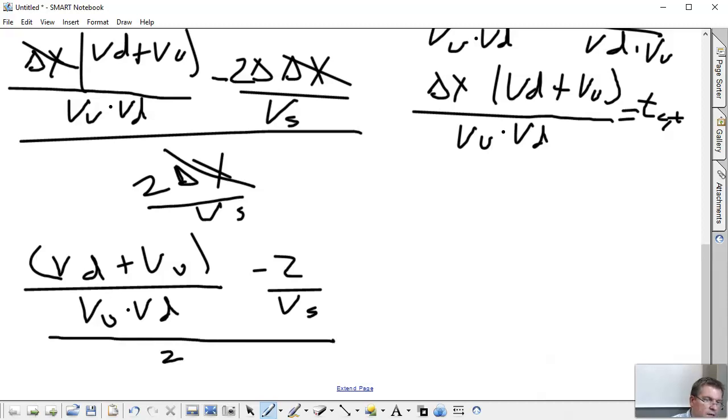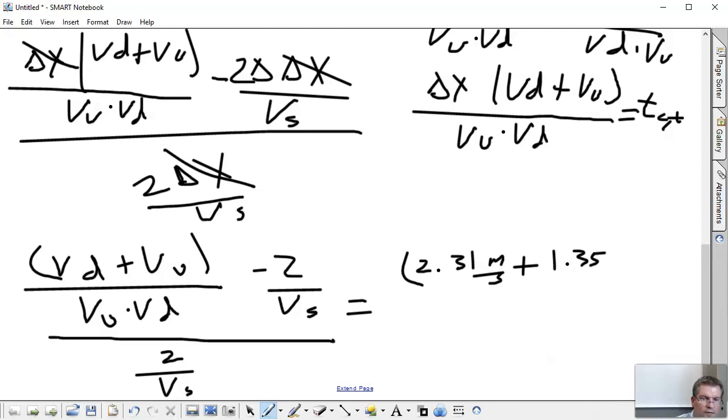Okay, and we're going to substitute in the numbers that we have for our particular problem. In class, the velocity downstream was 2.31 meters per second. Upstream was 1.35 meters per second.